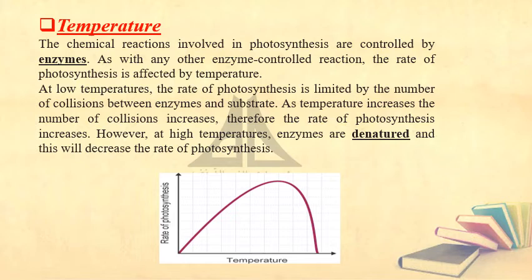The second factor is temperature. Temperature plays an important role. If I got, for example, 3 green plants and all the conditions for photosynthesis are available for the 3 experiments, and the factor that was different among these 3 plants is the temperature, you will notice that each plant will react differently depending on the temperature.